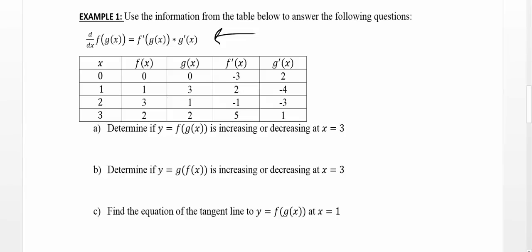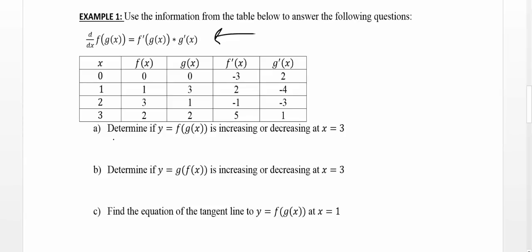So here it's going to make more sense to use the Newtonian notation since our table reports things in that way. So for part A, if we want to figure out if we're increasing or decreasing, we can use our first derivative. Remember, if the first derivative is positive at a point, your original function's increasing. If the first derivative is negative at a point, then the original function's decreasing.